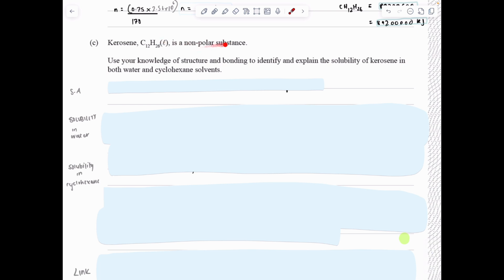Kerosene is a non-polar substance. Use your knowledge of structure and bonding to identify and explain the solubility of kerosene in both water and cyclohexane solvents. Okay, so kerosene is non-polar. We've got to explain the structure and bonding and the solubility of kerosene in water and cyclohexane.